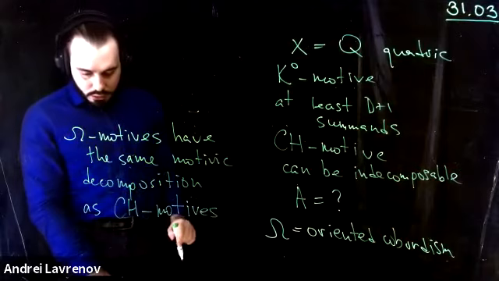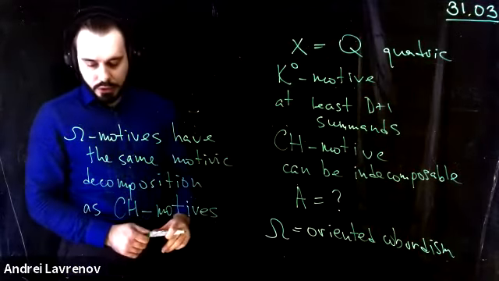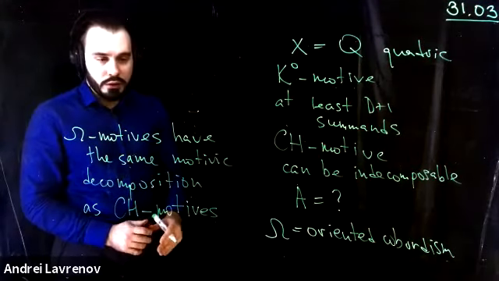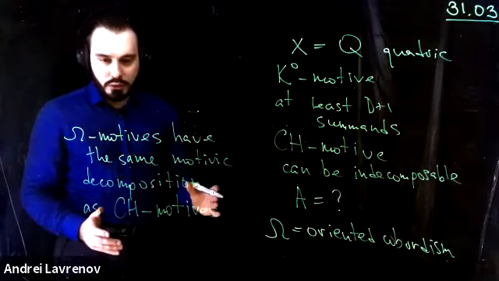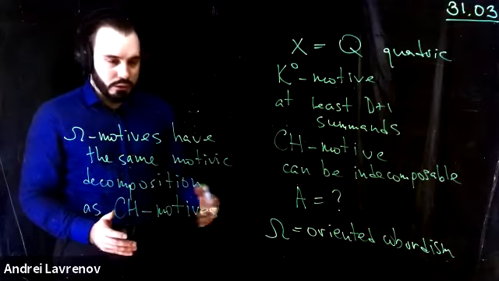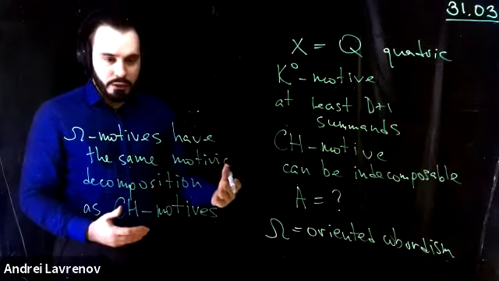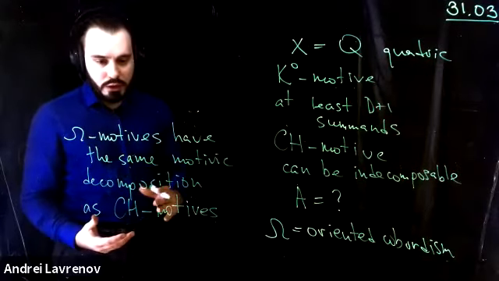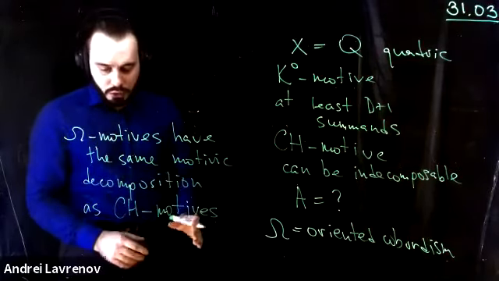So in particular for a quadric, the motif can be decomposable, and obviously since omega is universal, if we have a decomposition in terms of omega motifs, then we will have such a decomposition in terms of other theories. But indecomposable omega summands can become decomposable. Or maybe instead of omega, we can speak about Chow.